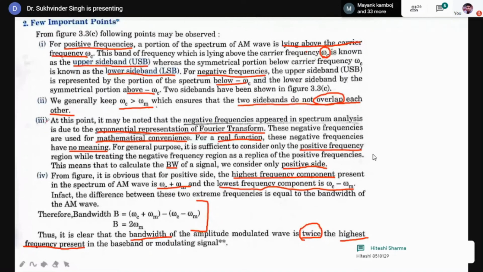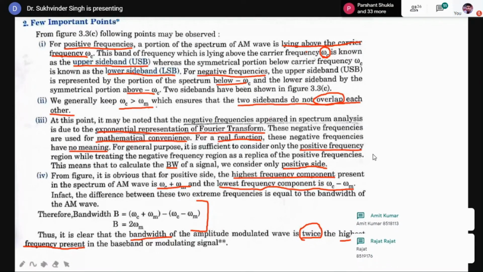Now the third point: it may be noted that the negative frequencies appearing in the spectrum analysis are due to the exponential representation of the Fourier transform. However, in actual practice we do not encounter negative frequencies. It is just for mathematical convenience and representation of the Fourier transform. That's why we have to consider positive and negative frequencies simultaneously.